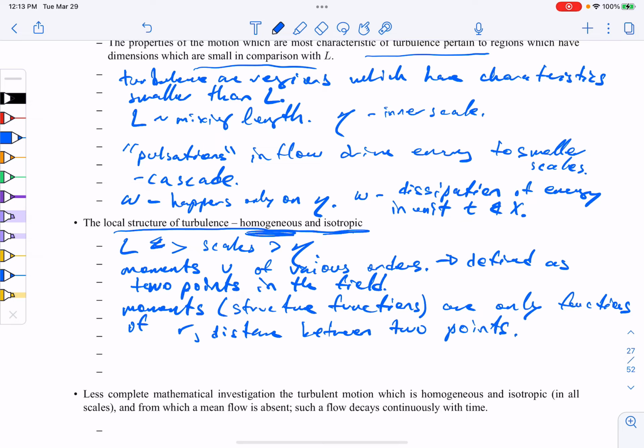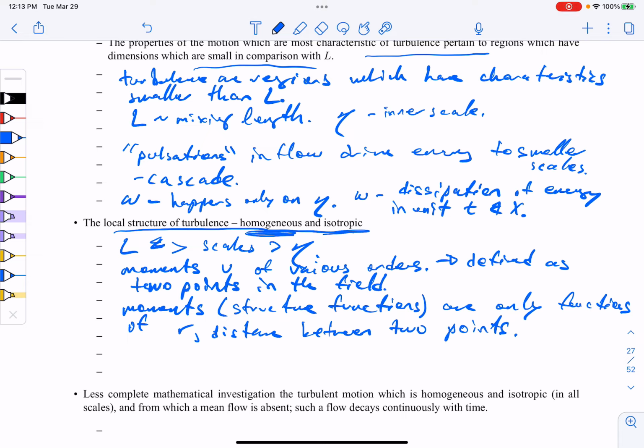So all these structure functions are only a function of distance between any 2 points. And you can move those points anywhere in space in a homogeneous isotropic field, and it'll always have the same statistics. So that's one reason they do this.